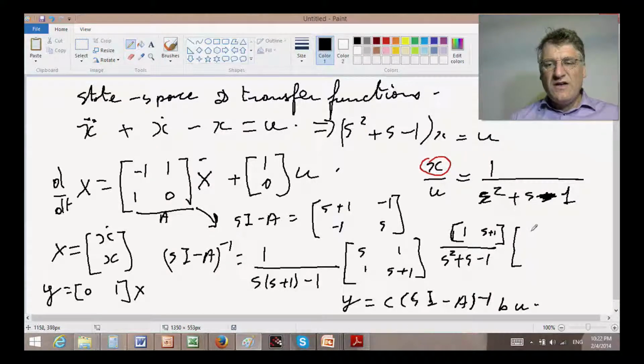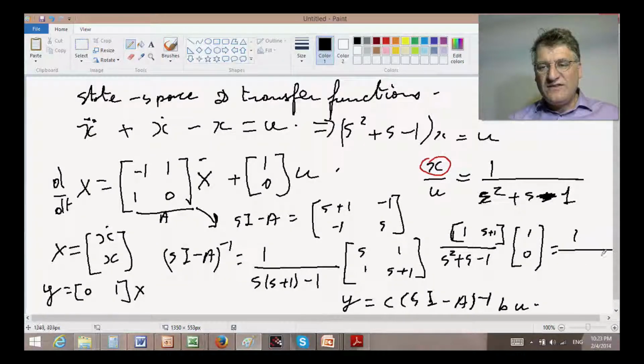Okay, and we obtain, when we multiply this by b, to obtain c (sI minus A) inverse times b, what we obtain is that this and that multiplied by 0 is 0, and therefore this leads to 1 over s squared plus s minus 1.